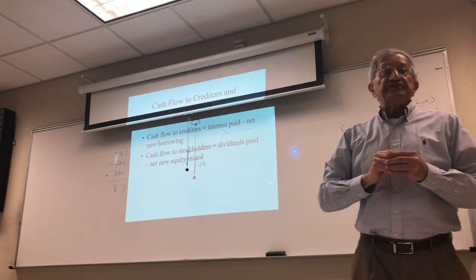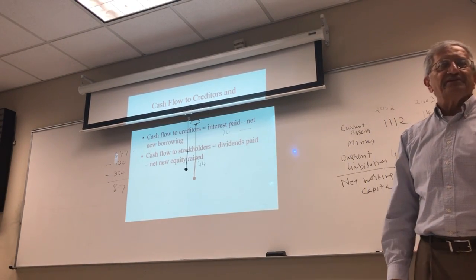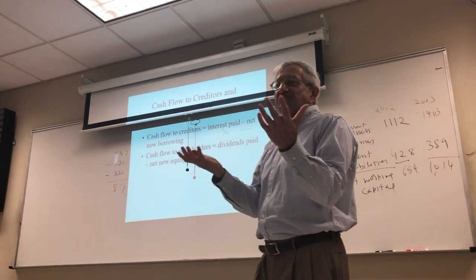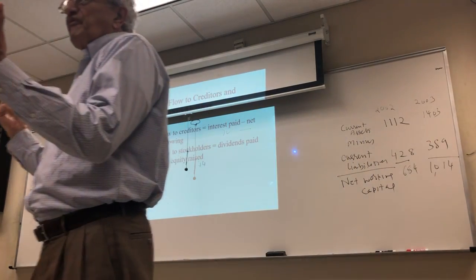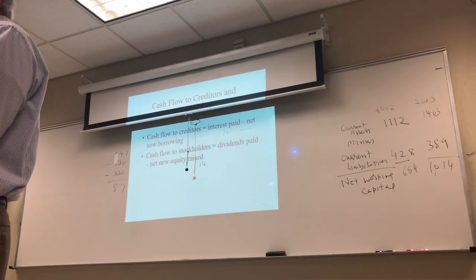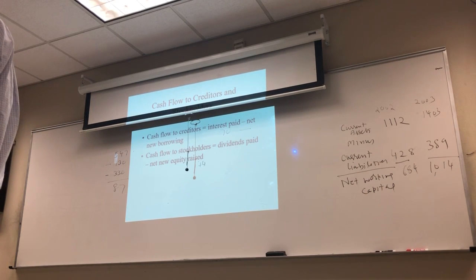Okay, minus net new borrowing. What does it mean, net new borrowing? We want to know, did our firm behave as follows, such that our firm paid interest on the one hand, and on the other hand, it went back to the same lenders or different lenders and said, hey, by the way, we need to borrow some more money from you.